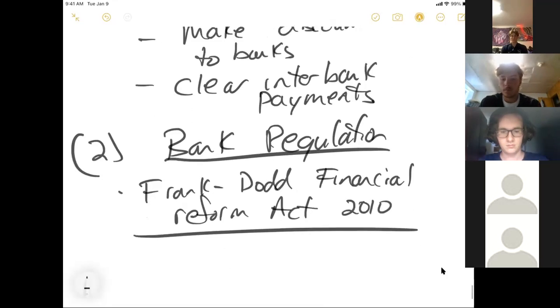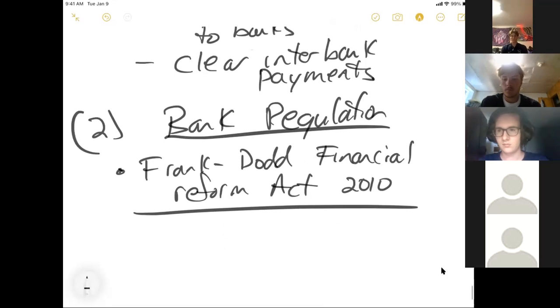And one of the purposes of this act was to rethink bank regulation, because before 2010, quite honestly, bank regulation in the US was a mess.